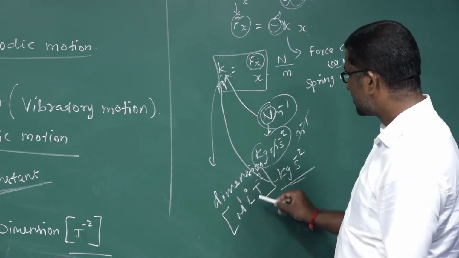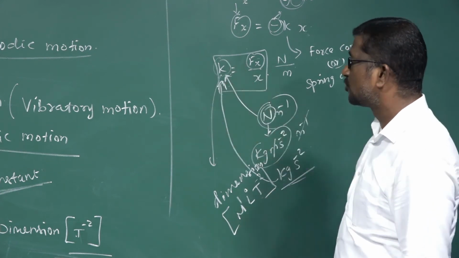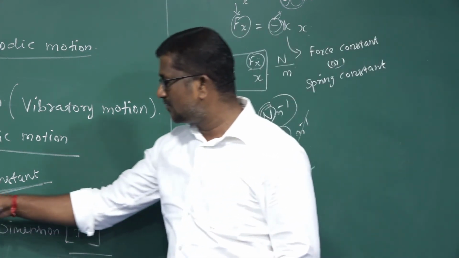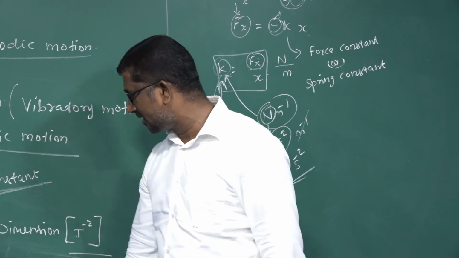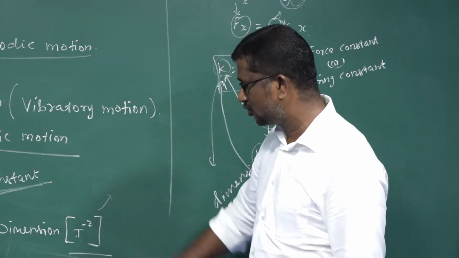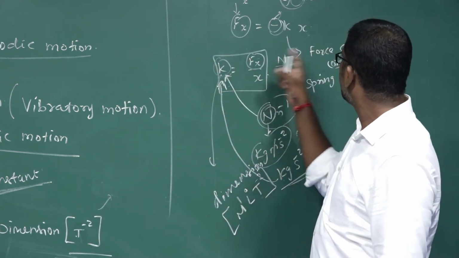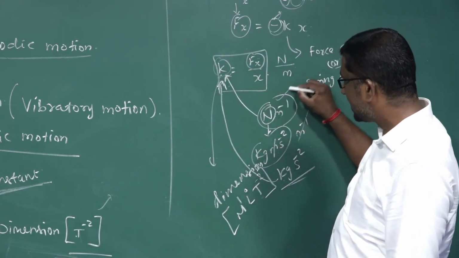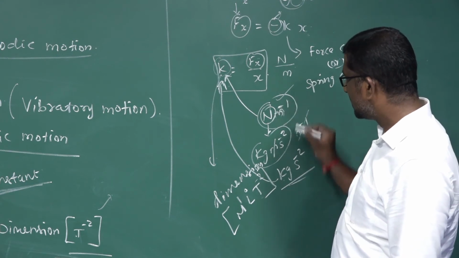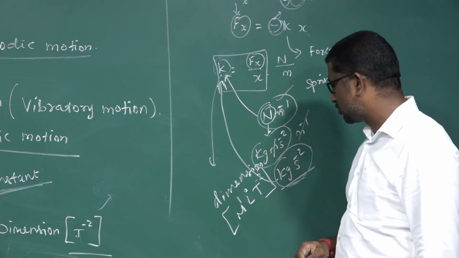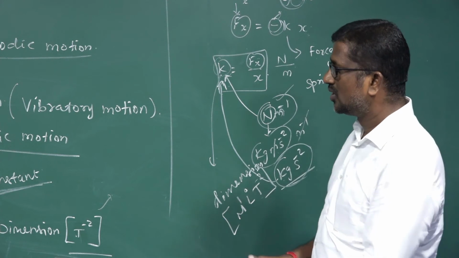So this is the dimensional formula for spring constant or force constant. The dimensional formula for the constant of proportionality is T power minus 2 and its unit is second power minus 2. But the unit of force constant or spring constant is either Newton meter inverse or kilogram second power minus 2.